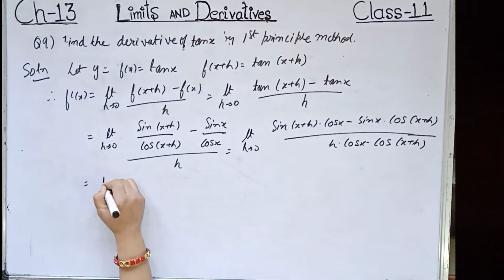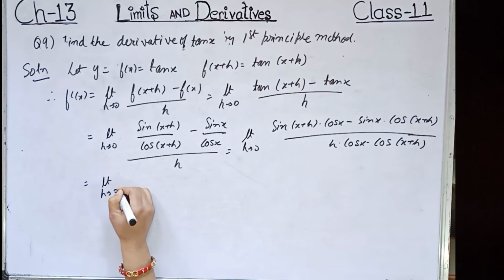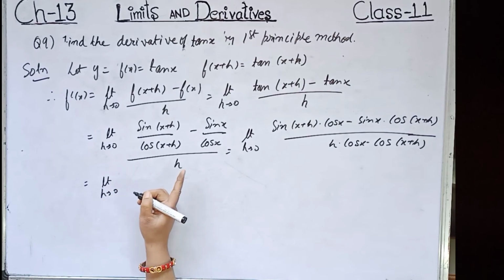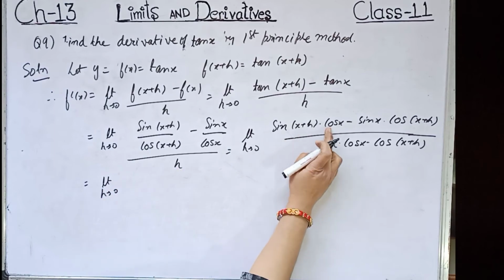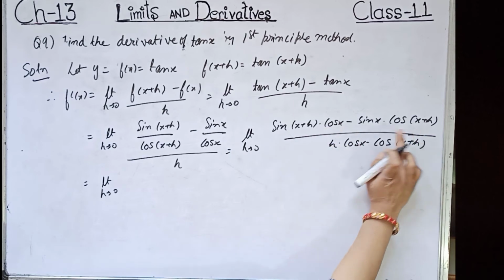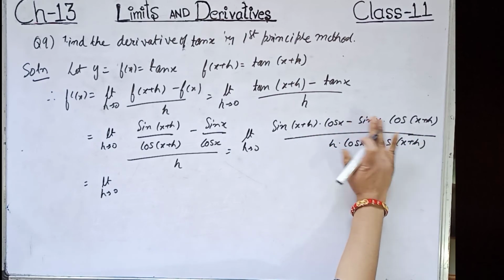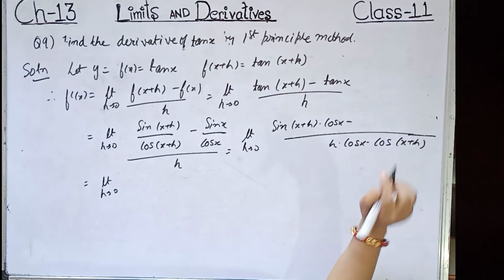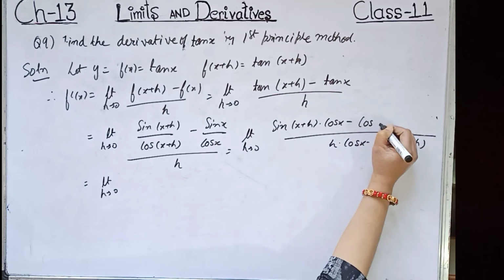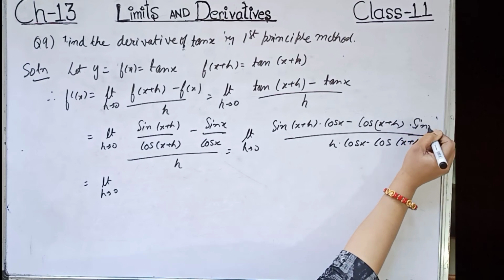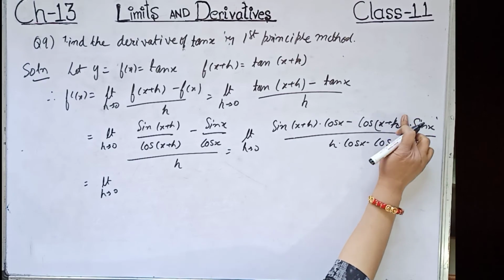Equals limit h tending to 0. Now over here, sin a into cos b minus cos a into sin b. So we can write this as cos of x plus h into sin x. Same thing, 2 into 3 equals 3 into 2, we can write.